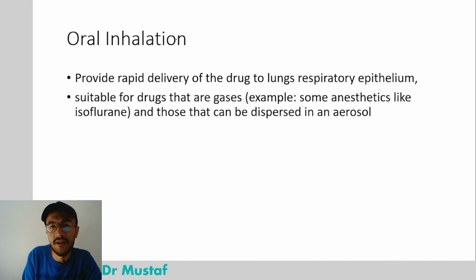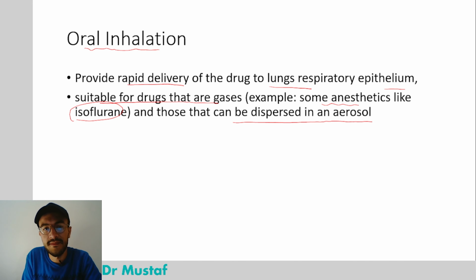Now let's talk about the oral inhalational route. The oral inhalational route provides rapid delivery of the drug to the lungs, the respiratory epithelium. It is suitable for drugs that are gases, like some anesthetics, like isoflurane, and those that can be dispersed in an aerosol, like asthma drugs such as albuterol.